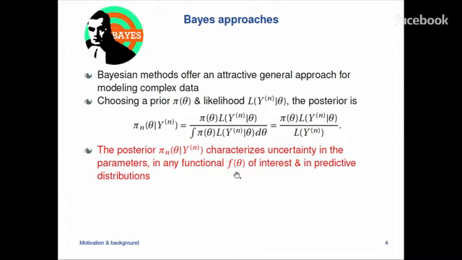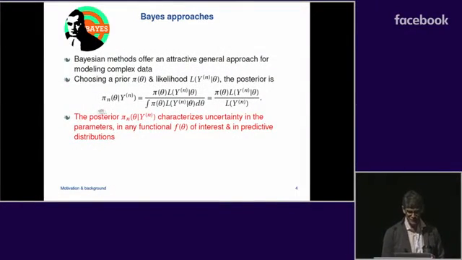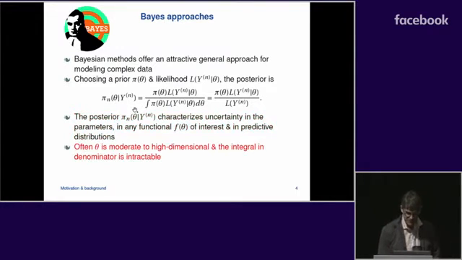That might be our functional of interest. Parameters might not be interpretable, but the functional might be. We might also be interested in predictive distributions, marginalizing out the parameters as a nuisance. We would like the predictive distribution for a new observation given features on that new observation, using all the information we have so far. We can do all that using this Bayesian calculus.